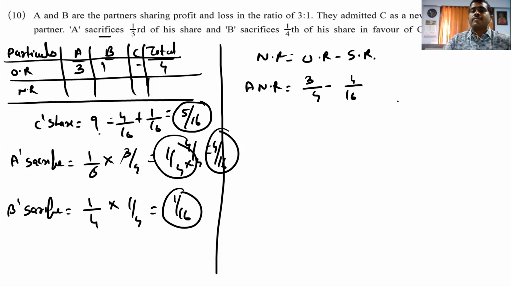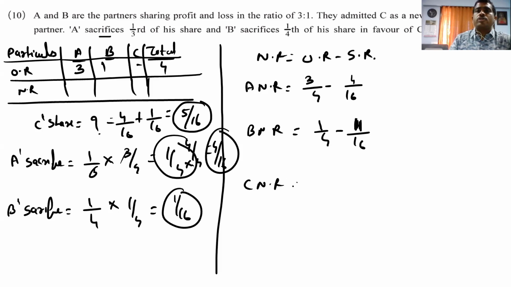So what is the LCM? Obviously, we'll go to 16, better you take B also. B's new ratio is 1 by 4 minus 1 by 16, not 4, sorry, 1 by 16.